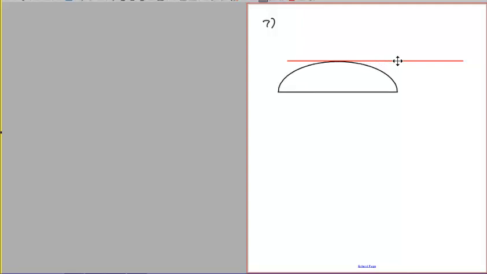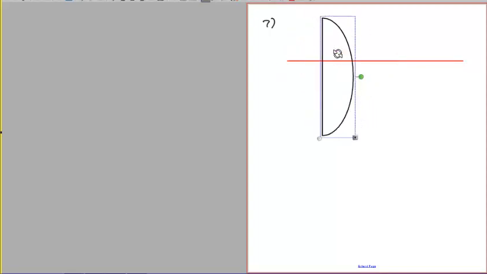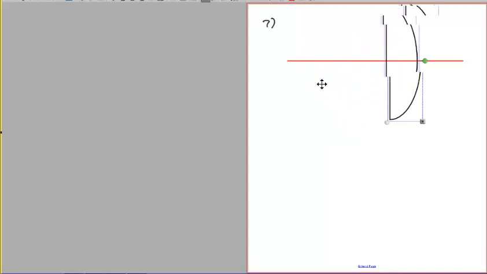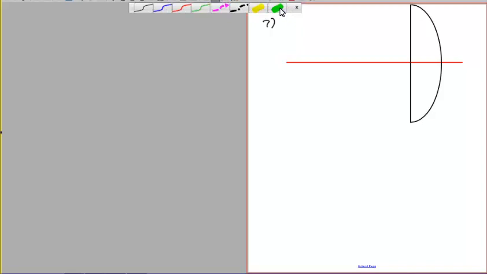Let's see if I can rotate this thing. It's kind of a little cheated because unfortunately it has that black line here, which I could make disappear by using a white pen. But I think you can ignore it for right now. Okay.